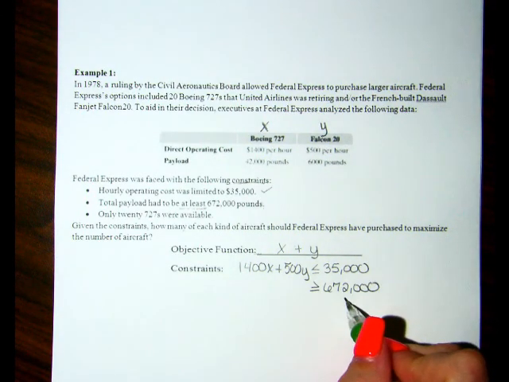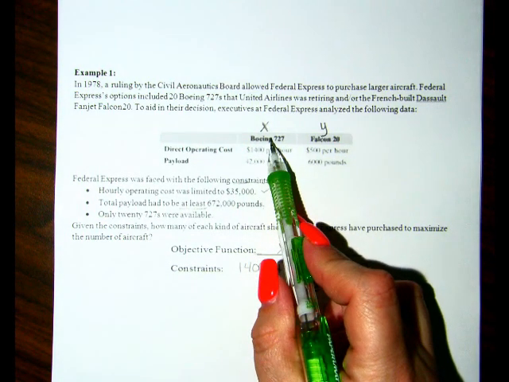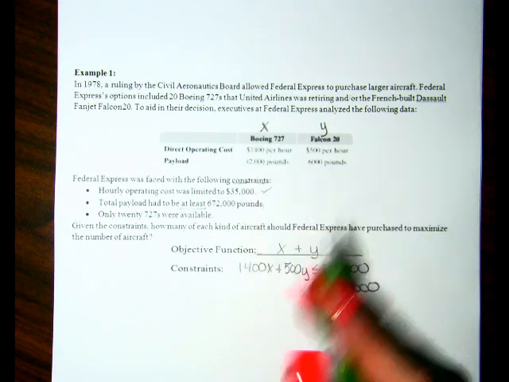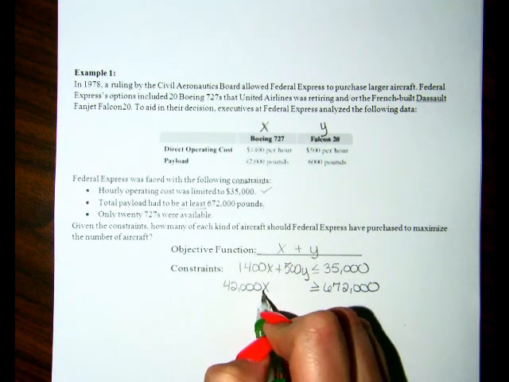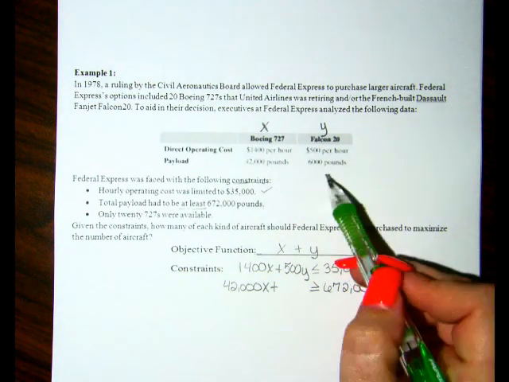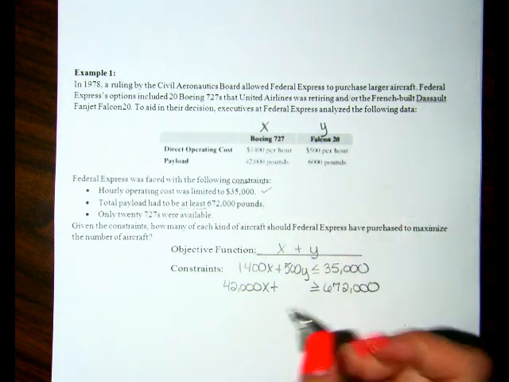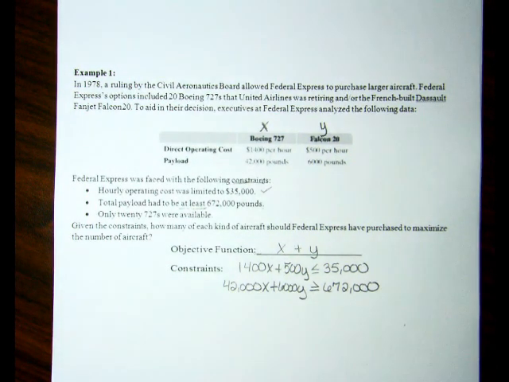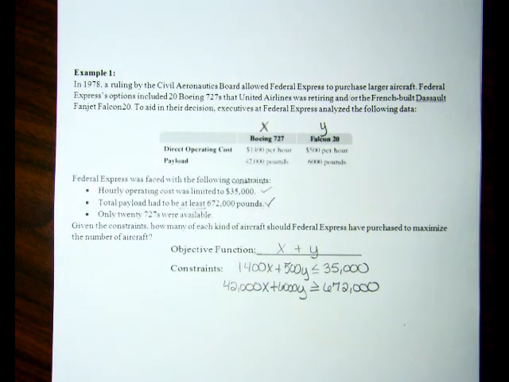Now, how do I figure out my payload? Well, however many Boeings I have times the pounds each plane can hold. So 42,000 times X plus however many pounds each Falcon will hold. So 6,000 Y. All right, second constraint has been written.